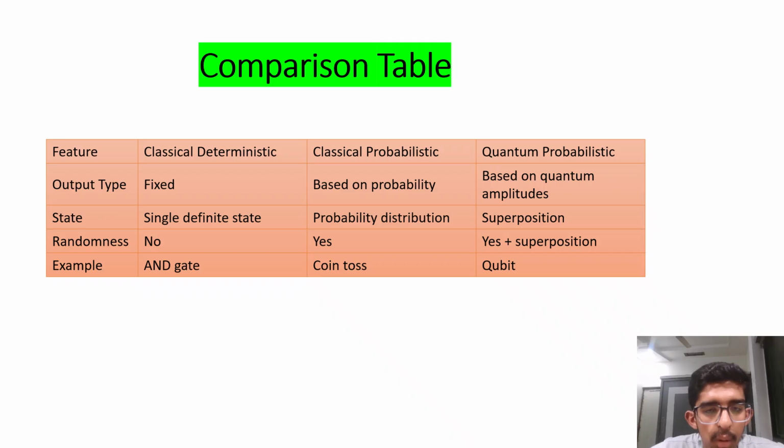In classical probabilistic, there is randomness, and in quantum probabilistic, there is randomness and also a superposition state. For example, in classical deterministic, an AND gate; in classical probabilistic, a coin toss; and in quantum probabilistic, a qubit or Hadamard gate.